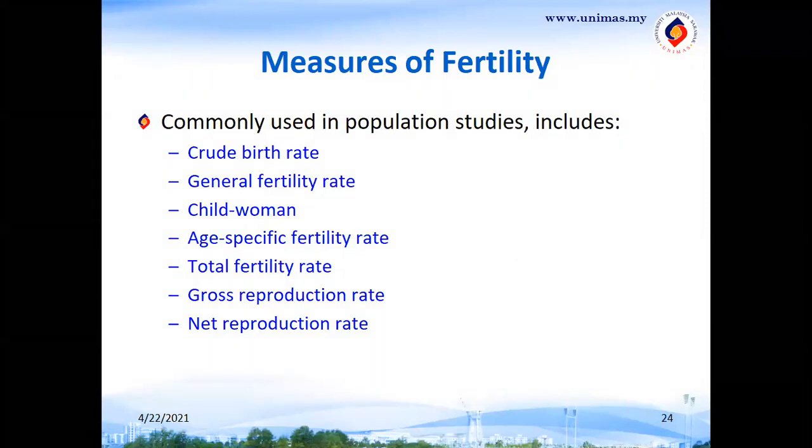So the most commonly used methods of measuring fertility include crude birth rate, general fertility rate, children per woman, age-specific fertility rate, total fertility rate, gross reproduction rate, and net reproduction rate.